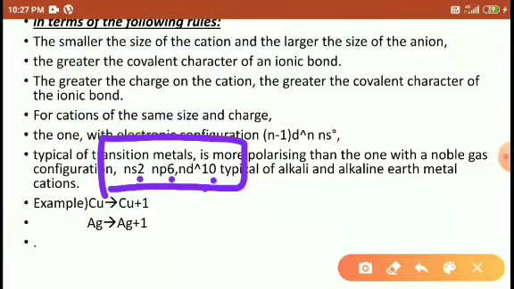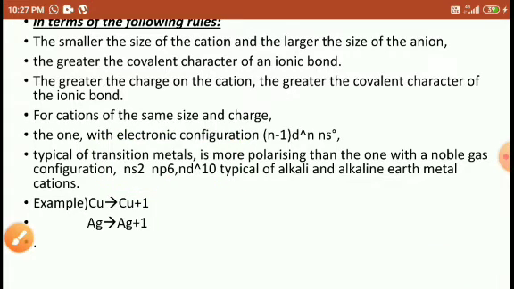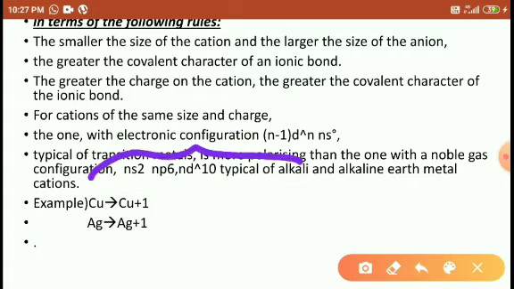Those elements, after removal of electrons, attain this electronic configuration in their outermost shell. So such cations show high polarizing power.